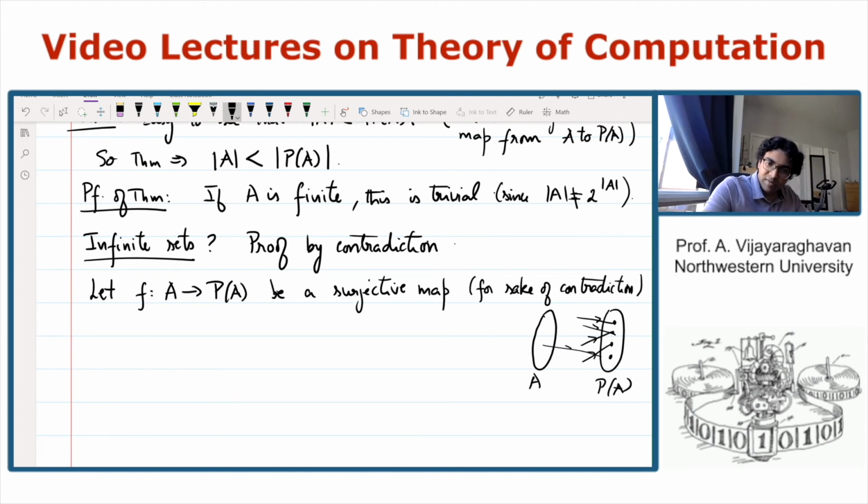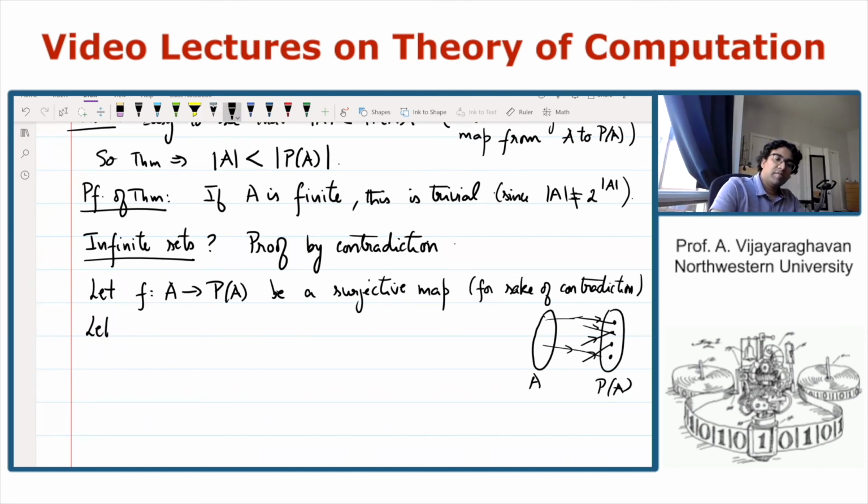So we are going to construct a particular set B which belongs to the power set, and this construction of the set will be the key step in the proof.